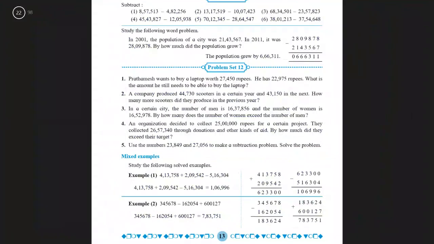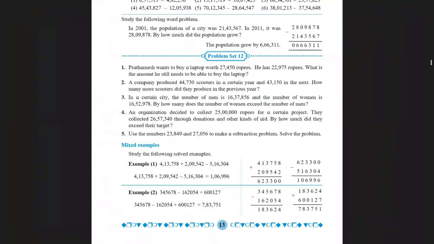Okay. We go to question number 3. In a certain city, the number of men is 16 lakhs 37,856 and the number of women is 16 lakhs 52,978. By how many does the number of women exceed the number of men? When you look at the numbers, you understand that the number of women are more than the number of men.